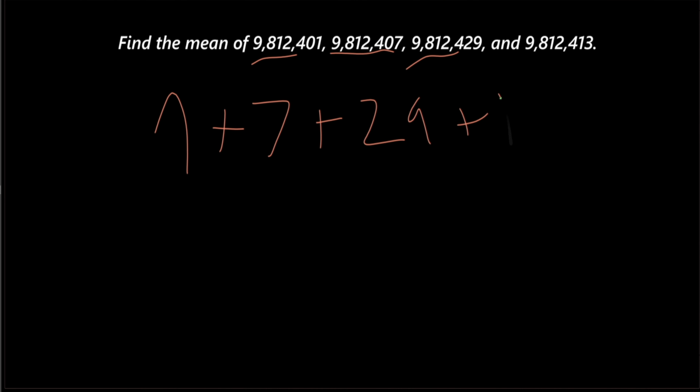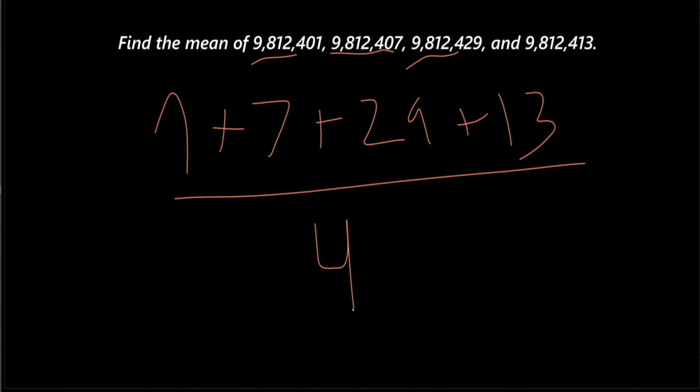And so that's 1 plus 7 plus 29 plus 13 over 4. And that would be equal to, let's see, 12.5. Now, we just add the n to that.